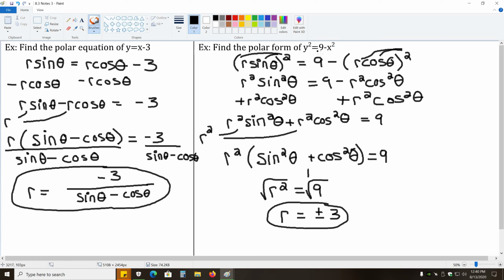And while it may not have been apparent what this equation represented, hopefully it's a little bit more apparent what this does. If not, it's totally fine. But imagine something that has a radius of 3 or a radius of negative 3. No matter what angle you have, that means you're just dealing with a circle with radius 3.